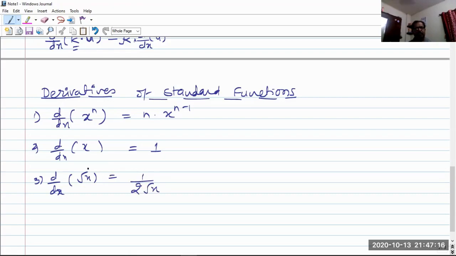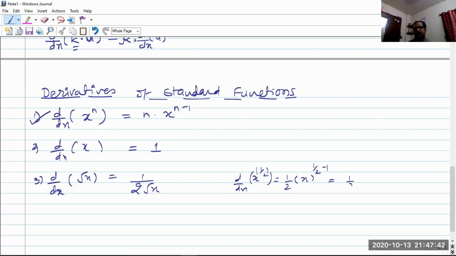This derivative of all the algebraic functions can be obtained by applying the first formula, that is x raised to n. If you see, root x is nothing but x raised to half, right? So we can use the first formula here. Here n is 1 by 2, right? Applying that formula, it will become 1 by 2 times x raised to 1 by 2 minus 1. How much is 1 by 2 minus 1?